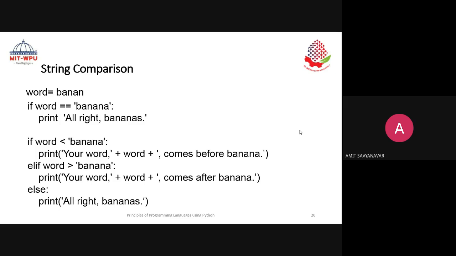At that time the condition returns false, and then it goes to the elif part. So what I'm trying to say is that a character by character comparison is carried out. The Unicodes of these individual characters are checked and compared, whether they are greater than, less than, or equal to. Based on that, the corresponding condition would be true, and the statements under it would be executed. So in short, what you need to understand is that comparison of characters is carried out based on the Unicodes.